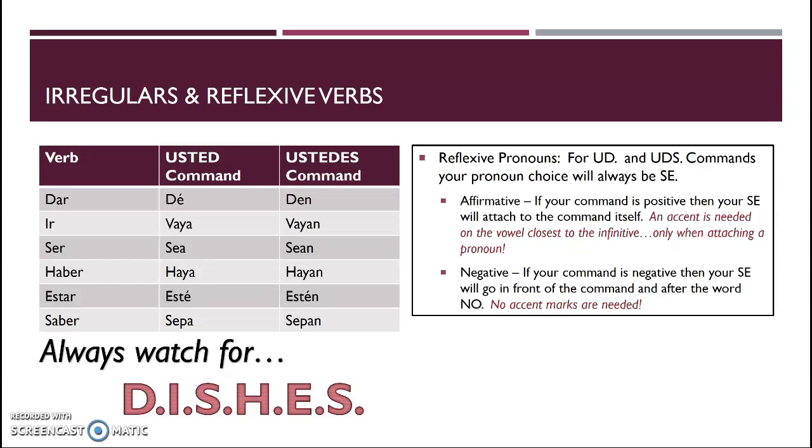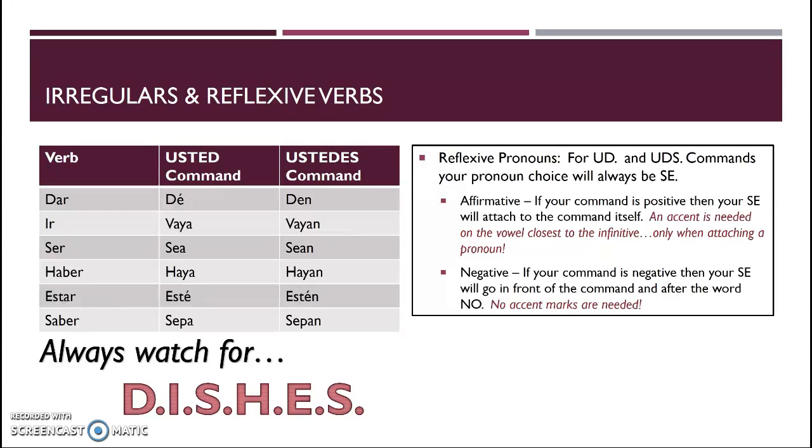Yo-go verbs, we can drop an O. But the yo irregulars, we don't have that option because they don't always end in O. And so dar would be doy, ir, voy, ser would be soy, haber is actually he, estar, estoy, and saber, sé. So none of these yo forms end in O, so therefore we have to improvise to turn them into commands.